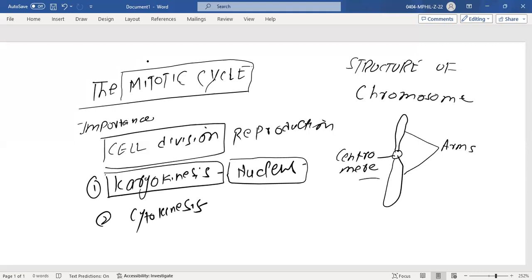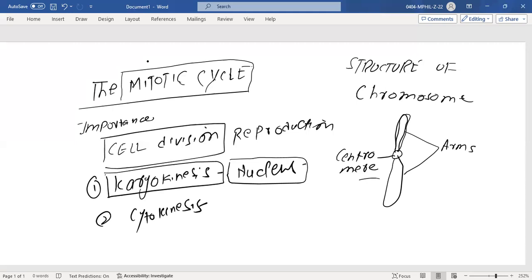Chromosomes are of different types, so they have different lengths of these arms, but typically we commonly use this shape of a chromosome.